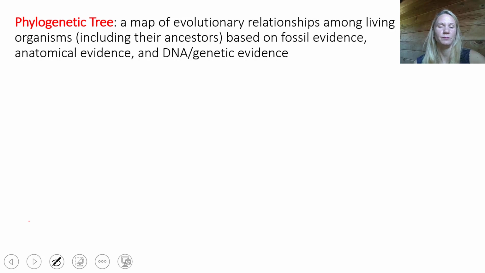So you can certainly draw a phylogenetic tree in that way. In fact, that's how I'm going to do it right here. But you can also draw it from left to right, where you're moving in order of time from left to right. I'm going to do a bottom to top one.